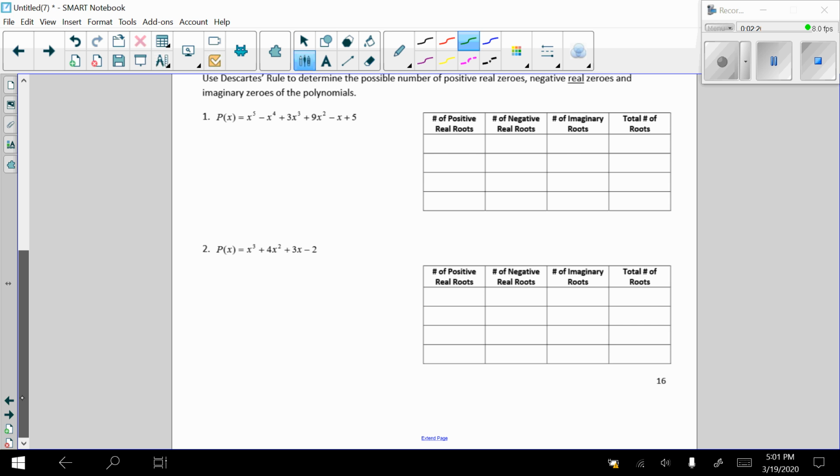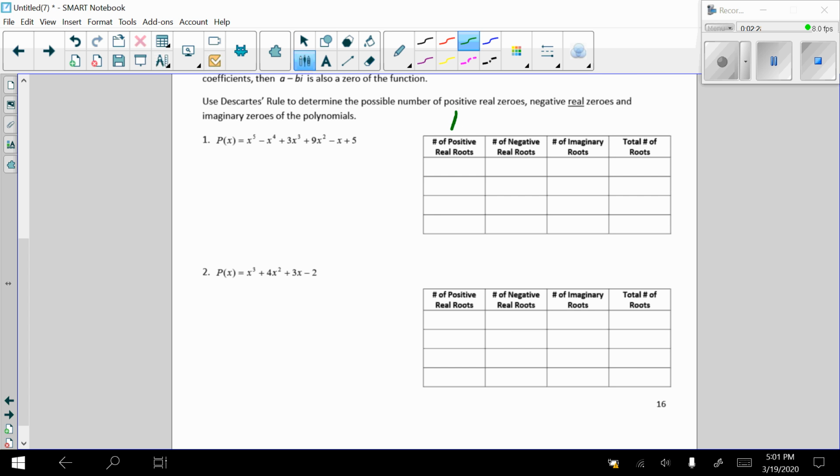What we're going to first focus on is how many possible positive real roots our function may have. And all we need for this is to look at our given function and look for how many times it bounces from positive to negative and back to positive.